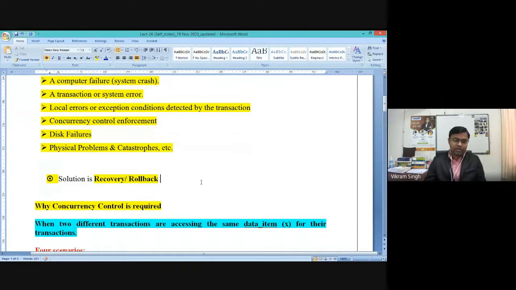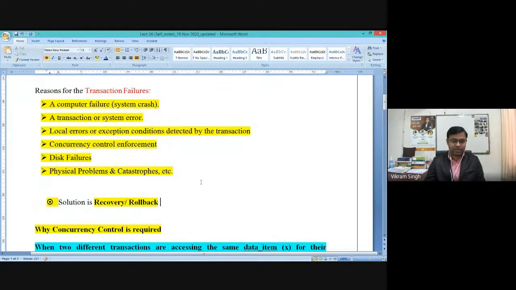Now, with this, you can have a brief idea that whenever we are performing some transaction on the database values, there might be some reasons for transaction failure. Out of these, there are primarily 5 or 6 reasons which might happen across the world for a particular database system. The solution for all these kinds of failures is the recovery or rollback of the transaction, right?